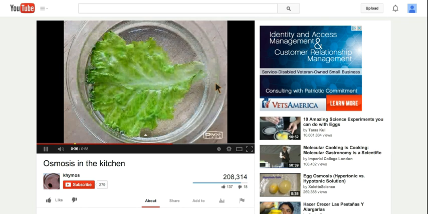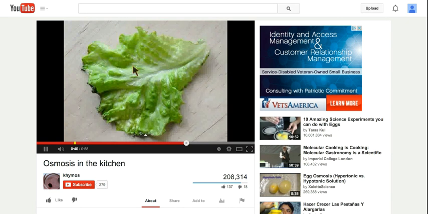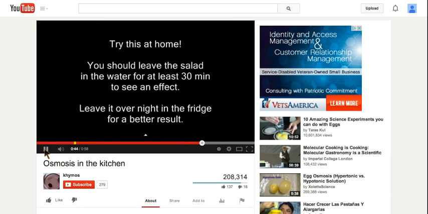It looks stronger. That looks way better than the lettuce that we started out with, because water has moved from osmosis. There we go. Water has moved via osmosis back into the plant cells.